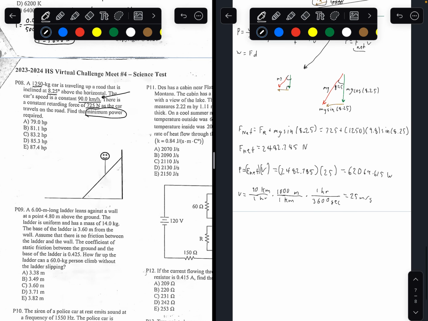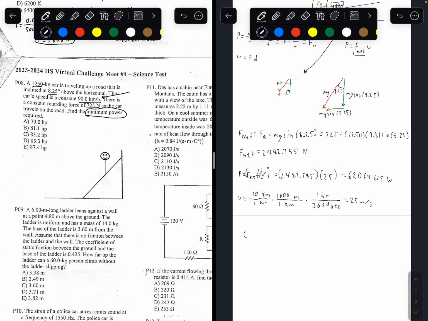So using that conversion, 62069.615 divided by 746 watts for 1 horsepower, you would get 83.203 horsepower. So the answer to number 8 is going to be 83.2. So the answer is C.